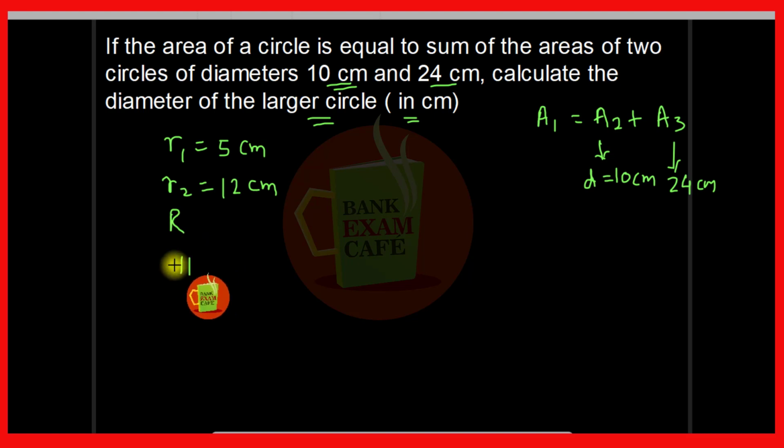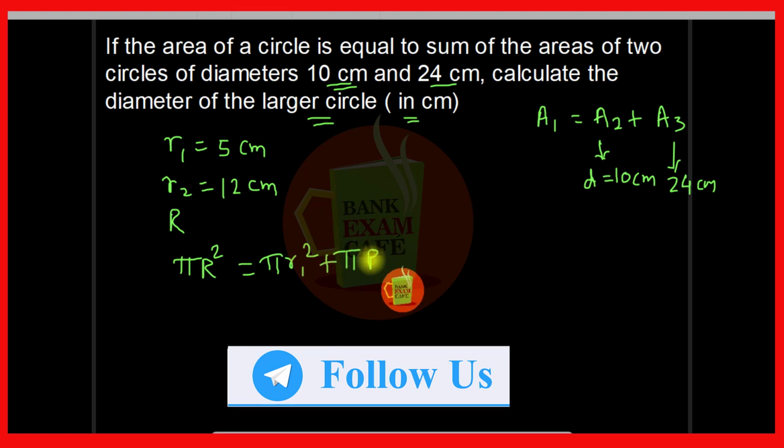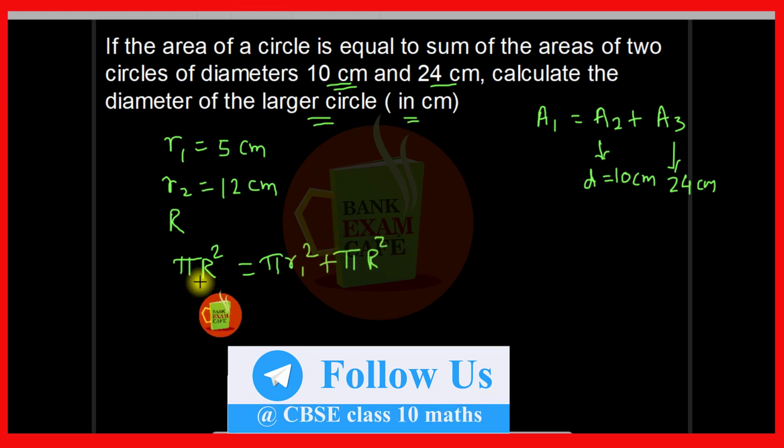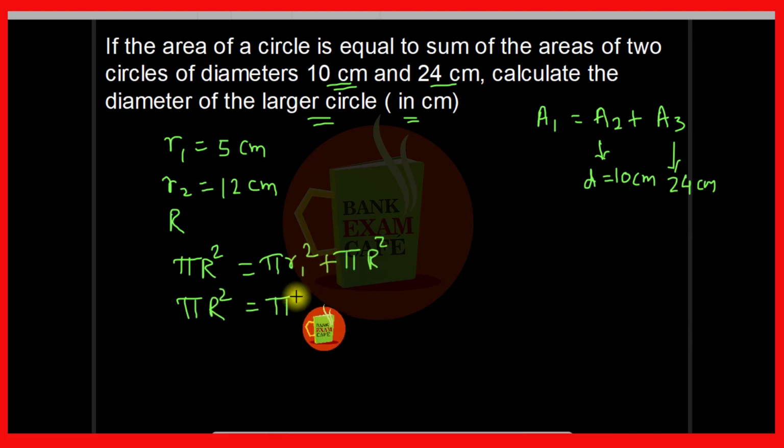Then we can say that the area of this circle, that is pi R square, is equal to the area of this circle plus the area of this circle, that is pi R1 square plus pi R2 square. Here pi will be the common factor, so pi R square is equal to pi times R1 square plus R2 square.